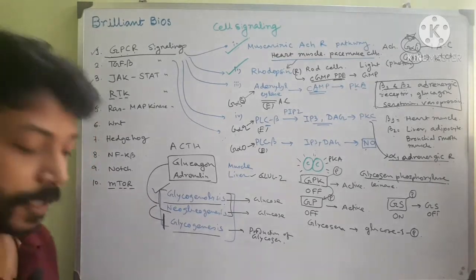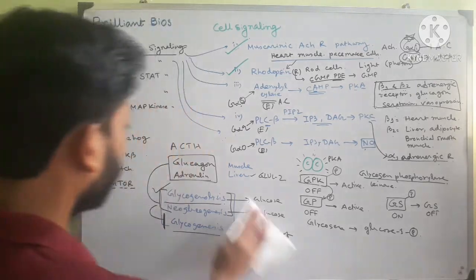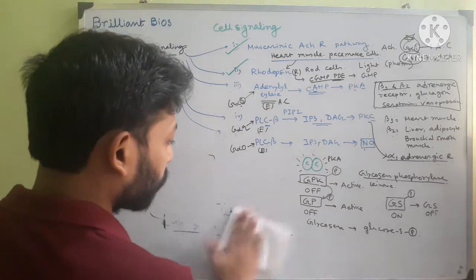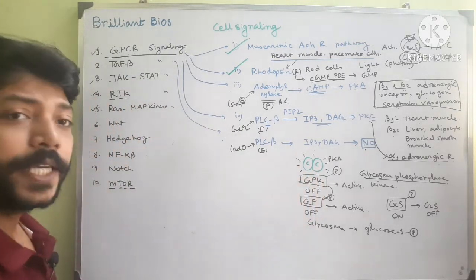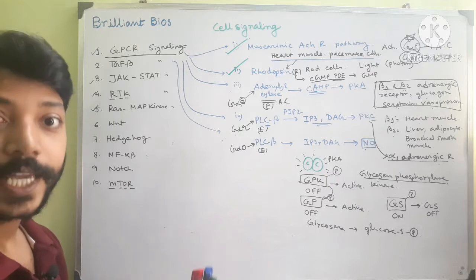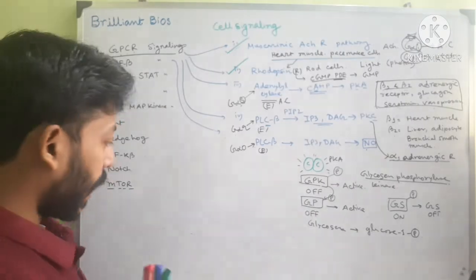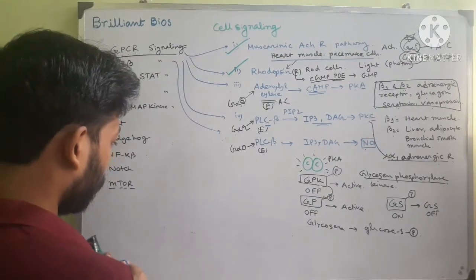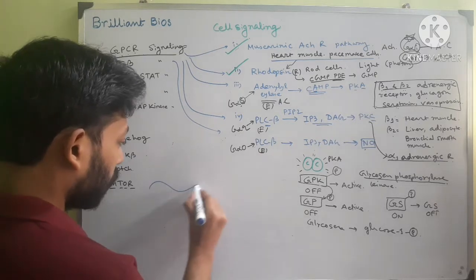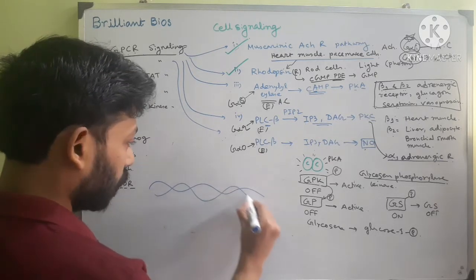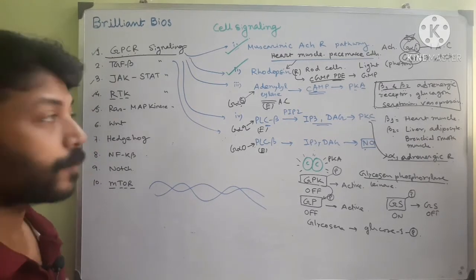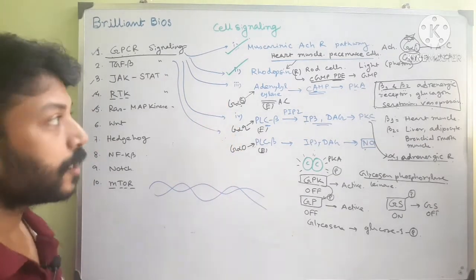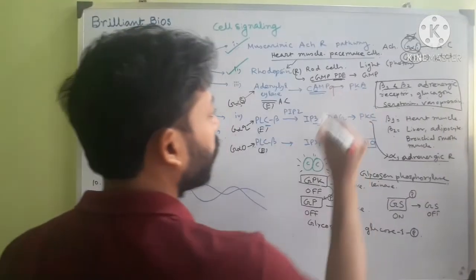How does it occur? There is another mechanism I will show you. The catalytic subunits of PKA can enter into the nucleus. And let's suppose this is a gene. Here I want to mention that the hormones that activate adenylyl cyclase increase the concentration of cAMP.